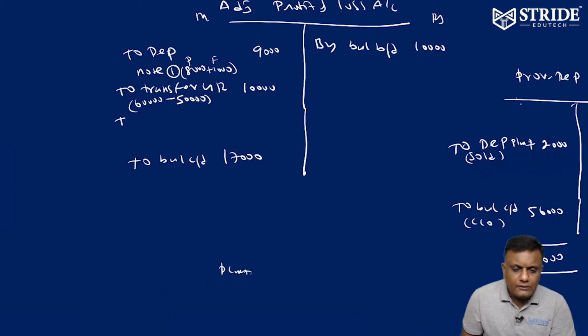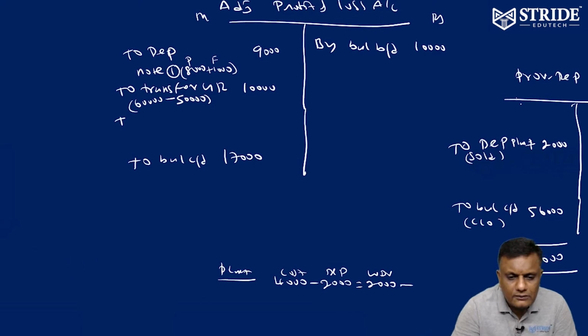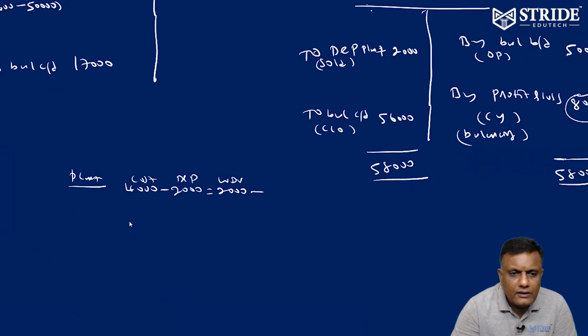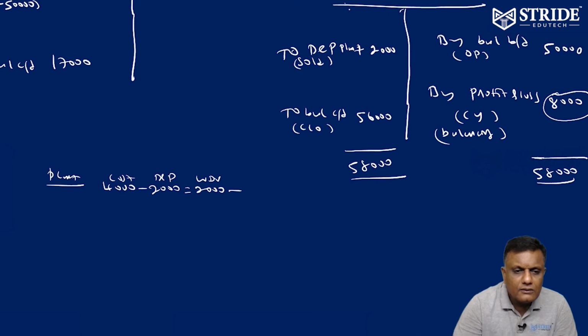Now, the plant account. Plant 4,000 cost, depreciation 2,000. Now WDV 2,000. It is sold for 800.